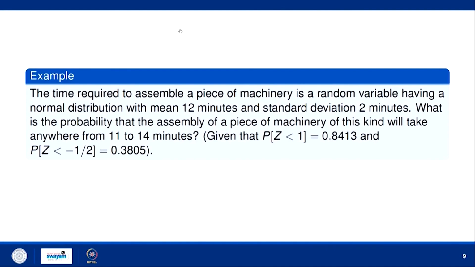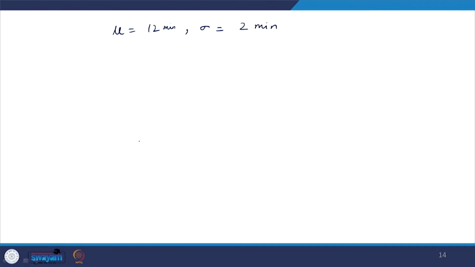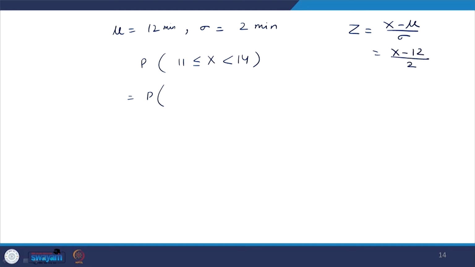What is the probability that assembly of a piece of machinery of this kind will take anywhere from 11 to 14 minutes? So what we have to find is the probability of x when x is between 11 and 14. For the standard normal variate, z is x minus mu upon sigma, which is x minus 12 upon 2.